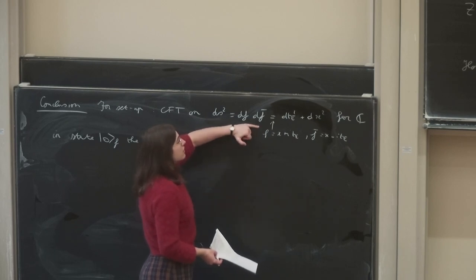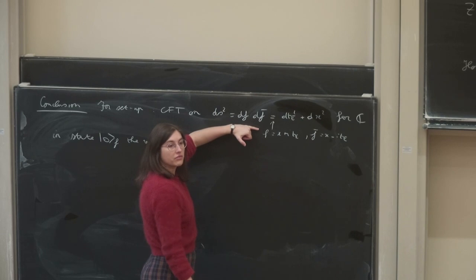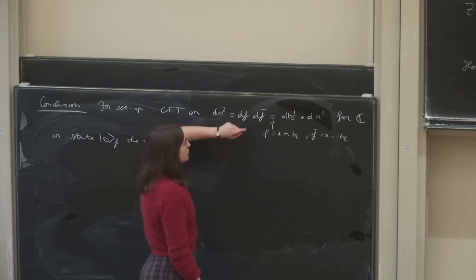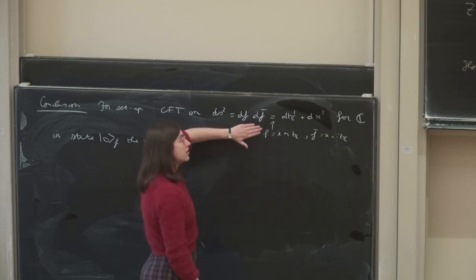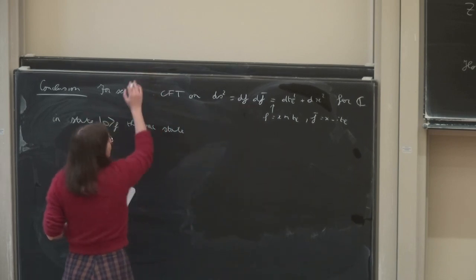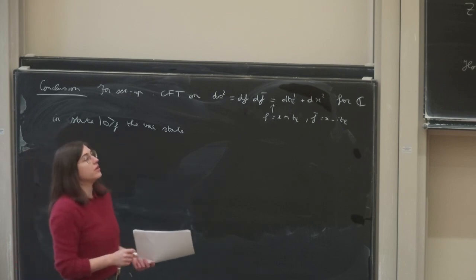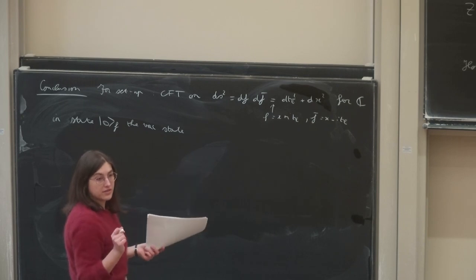Yesterday, I wrote that in complex coordinates as d zeta d zeta bar, but then at some point I also used zeta to run over the whole replica manifold. So in this context, let's use f for x plus i times Euclidean time. So f is now my complex coordinate on the plane, on C. And we've been worried about the entanglement entropy for an interval A when the CFT is prepared in the vacuum state.